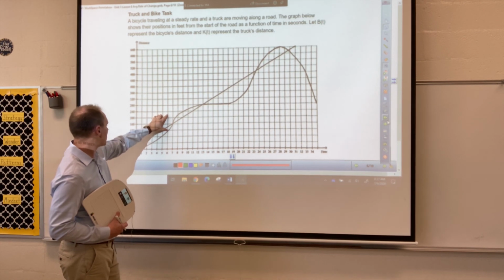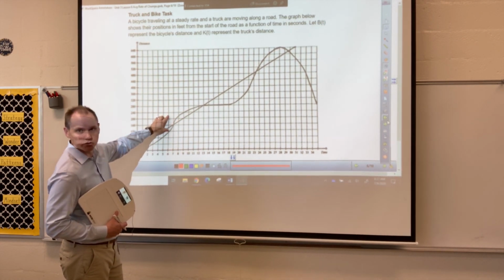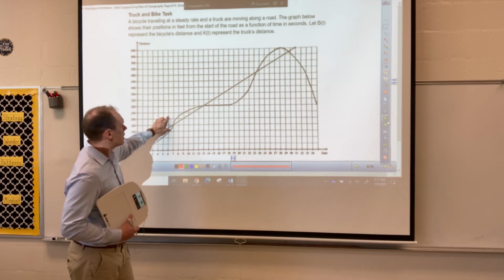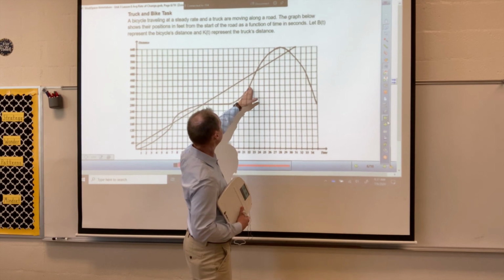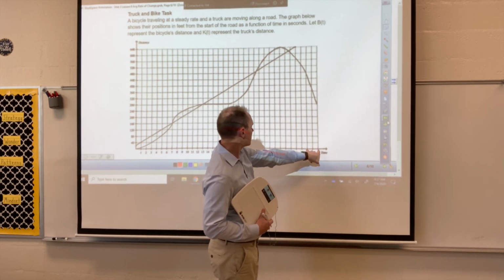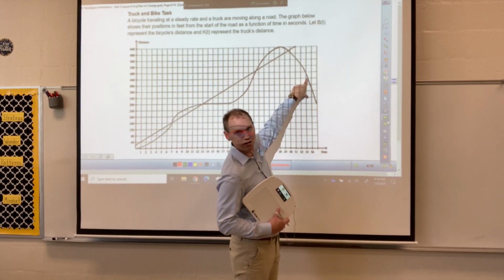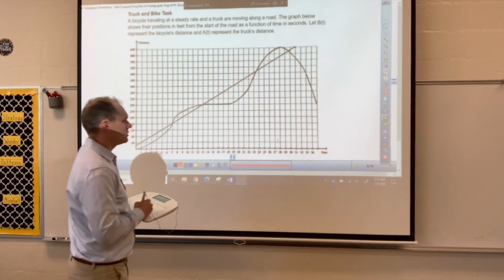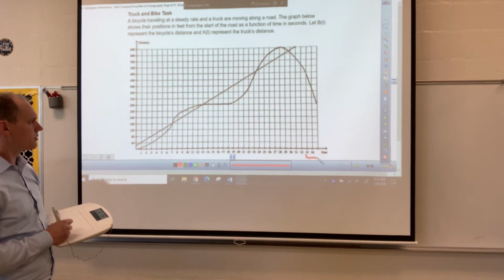Between that point, he traveled 120 to 220, so maybe 100 feet there. Where else is he traveling really quickly? You can see here, it's pretty steep in here, but it looks even steeper over here. Between 33 and 35, he traveled much more than 100 feet. And that's going to end up being the one, from 33 to 35 seconds.